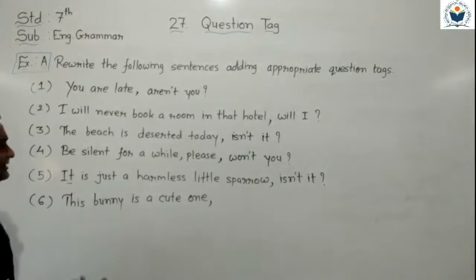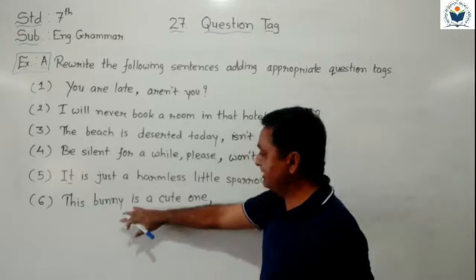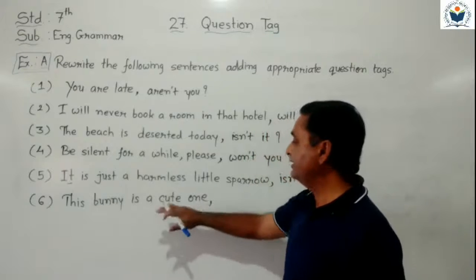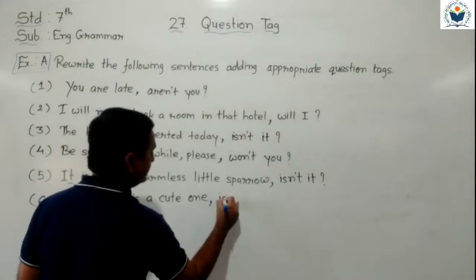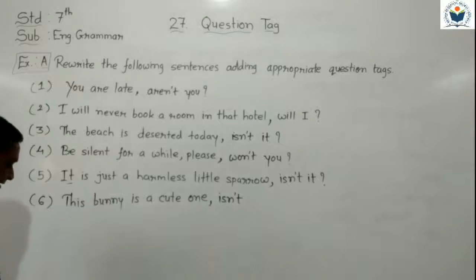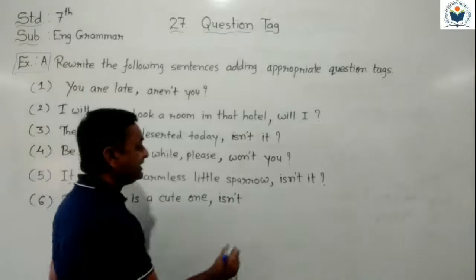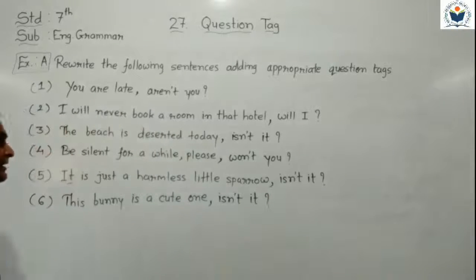Now see whether the sentence is in a positive sense or negative sense. The sentence is given in a positive sense. This bunny is a cute one. So we have to put the negative form of the helping verb. So what we have to put here? Isn't. Then this bunny is, it. We have to put the pronoun it here and it becomes our question.